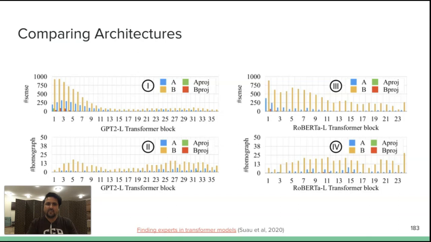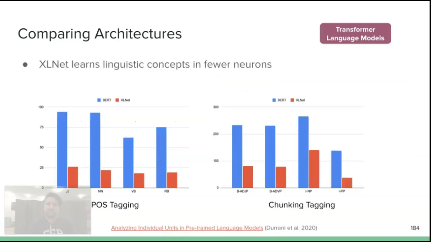Shaw et al. compared Roberta and GPT, one of which is an autoencoder model and another is the generative model, and found that the neurons that were found for the tasks are distributed differently. Another comparison point is whether the neurons are localized or distributed to many concepts.